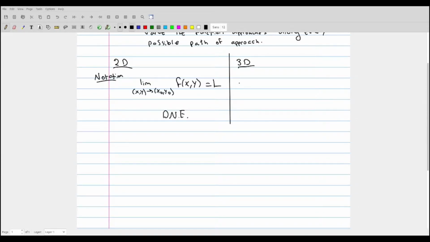For functions of three variables, it's the same idea. We say that the limit as x, y, and z approach the point x naught, y naught, z naught of some multivariable function of three variables is equal to some value L if along every single possible path of approach to the point x naught, y naught, z naught, the function approaches the same value L. Or it could also not exist, in which case we just say DNE, which stands for does not exist.